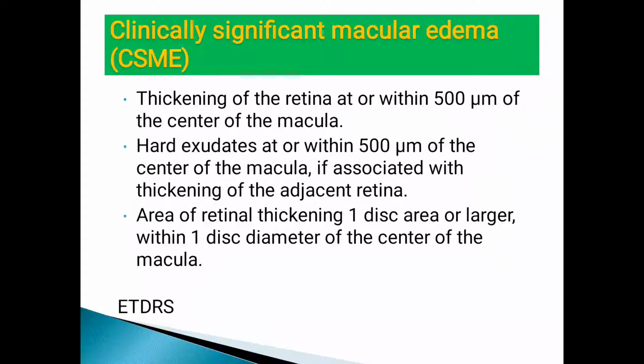Or if there are hard exudates at or within 500 micrometers of the center of the macula, if associated with thickening of adjacent retina, it is significant. And an area of retinal thickening of 1 disc area or larger, within 1 disc diameter of the center of the macula, again is deemed to be clinically significant macular edema.